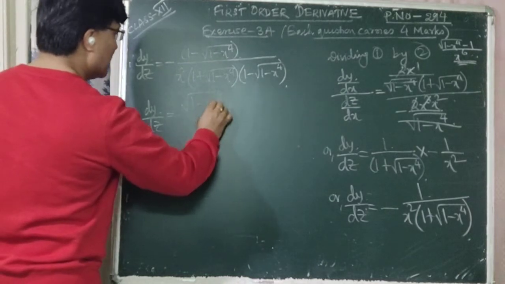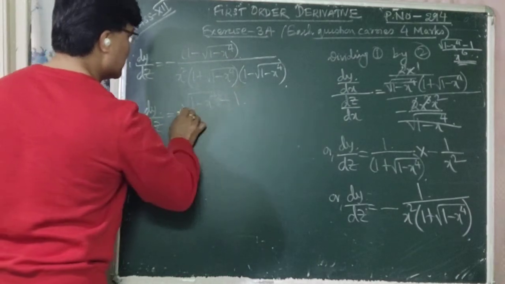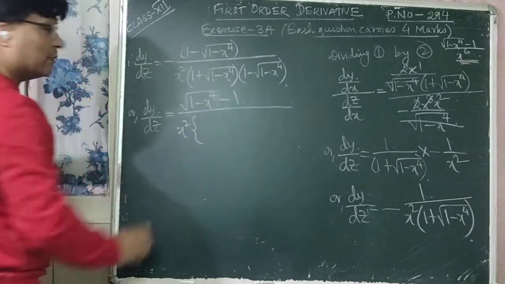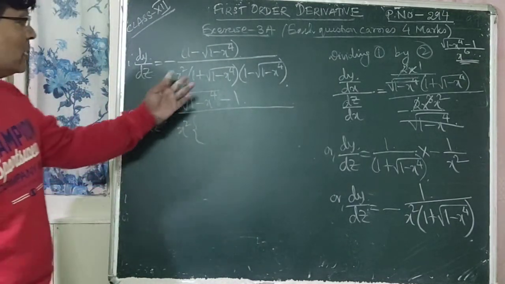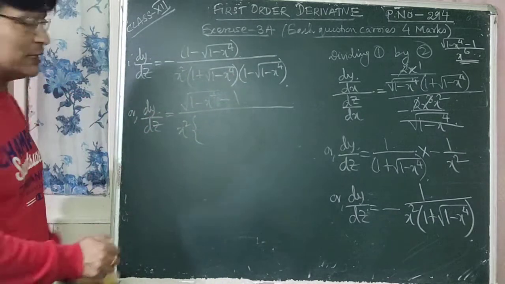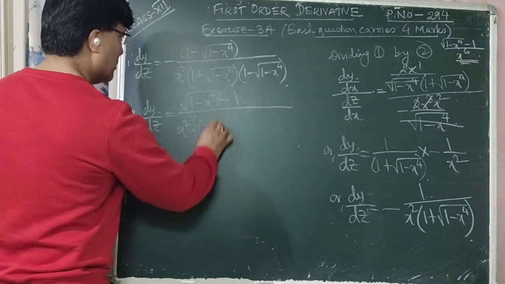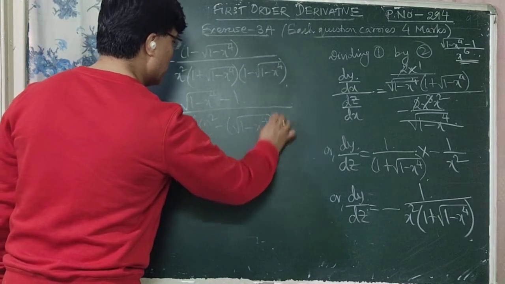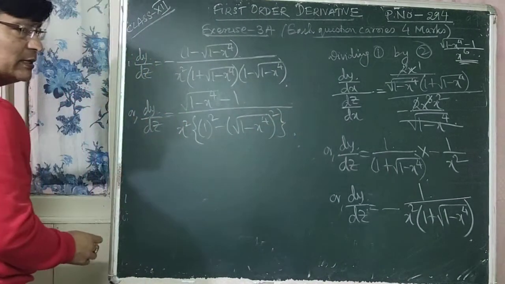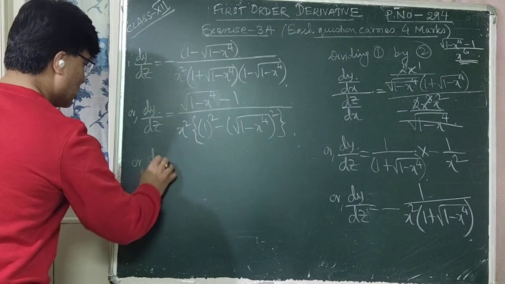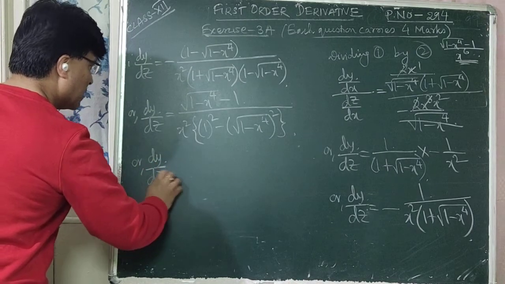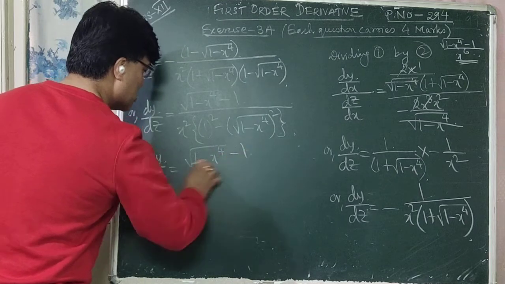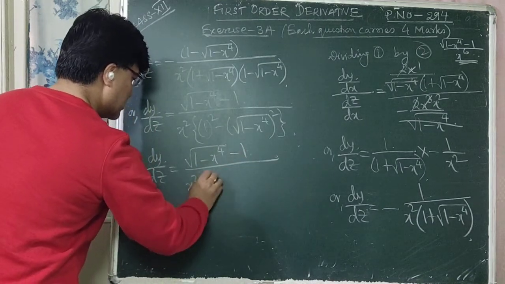Root over 1 minus x to the power 4 minus 1 whole divided by x square within second bracket. What is the formula that you can use here? This is a plus b into a minus b. So it is 1 whole square minus root over 1 minus x to the power 4 whole square. Second bracket is closed. Or dy by dz is equal to root over 1 minus x to the power 4 minus 1 divided by x square within bracket.